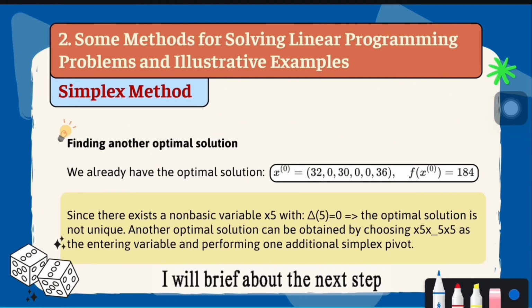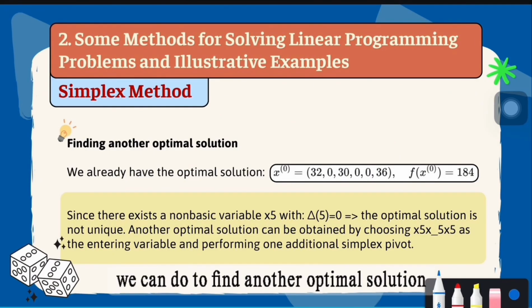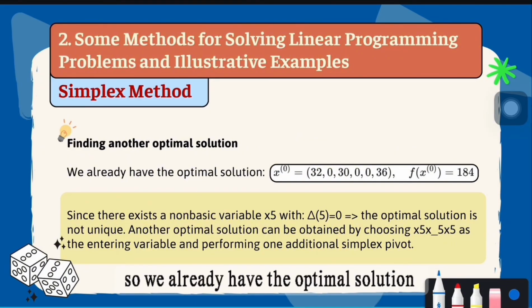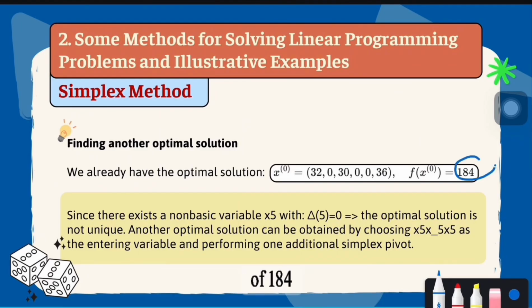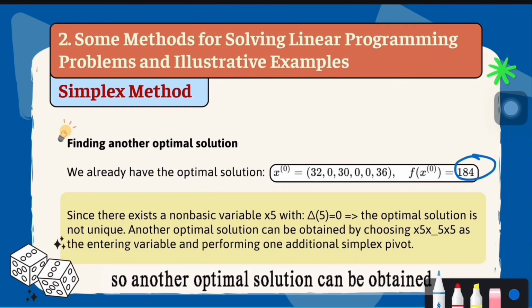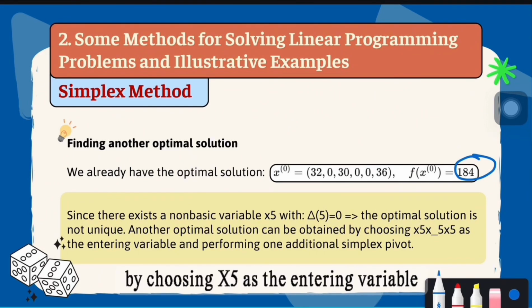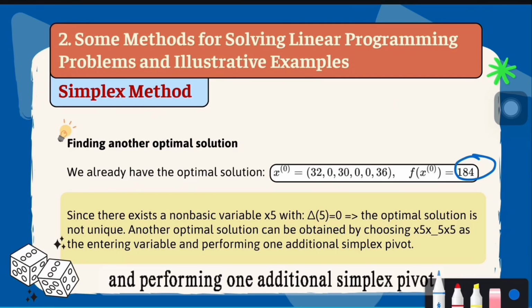I will brief about the next step we can do to find another optimal solution. So we already have the optimal solution of 184, but it's not unique. Another optimal solution can be obtained by choosing x5 as the entering variable and performing one additional simplex pivot.